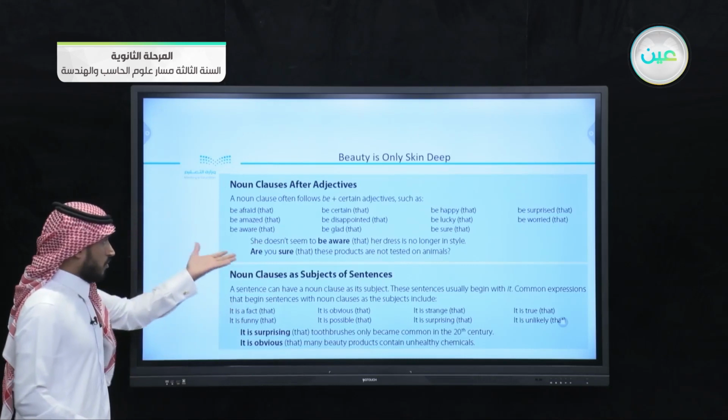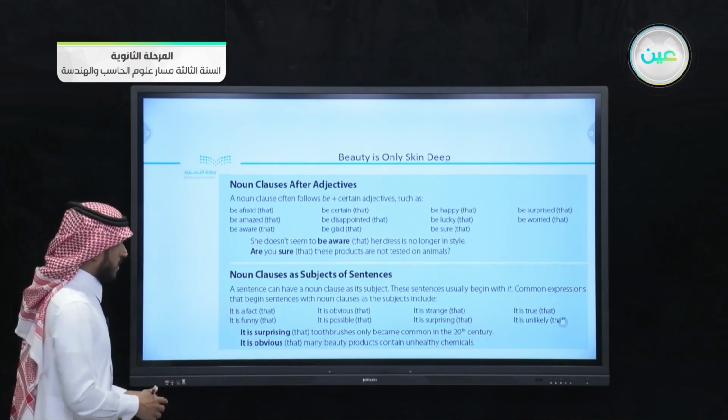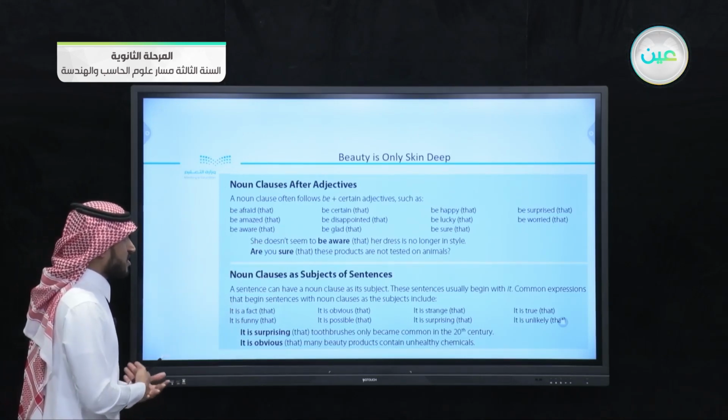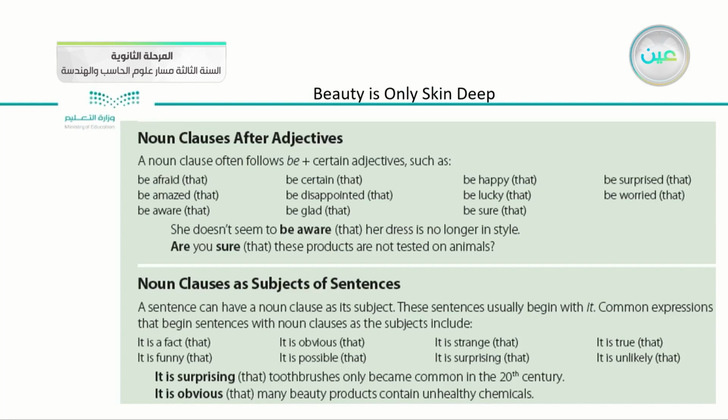One example for this situation is: "She doesn't seem to be aware that her dress is no longer in style." "Aware" is an adjective, and here we have the noun clause.